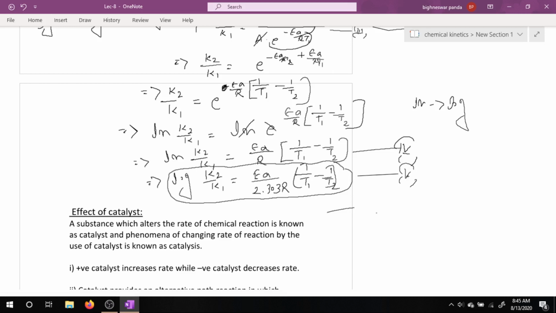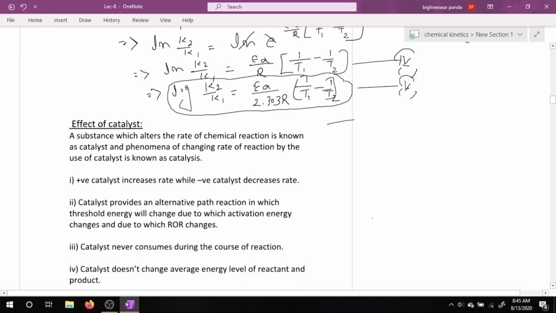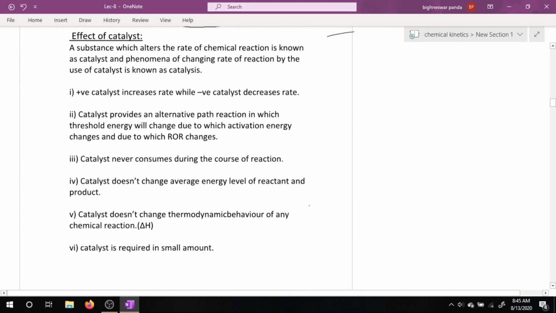Effect of temperature involves the Arrhenius equation, collision theory, etc. Next we come to another part, the effect of catalyst. So what is a catalyst? There is a scientist, Berzelius.